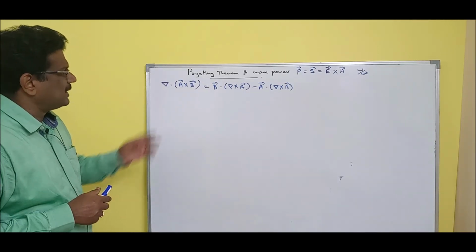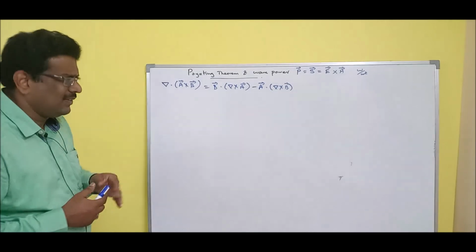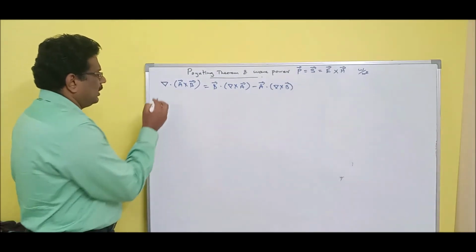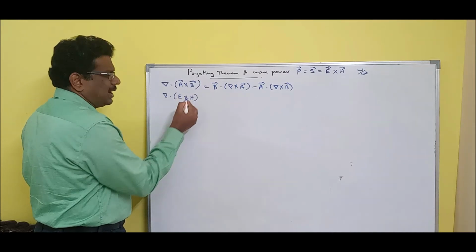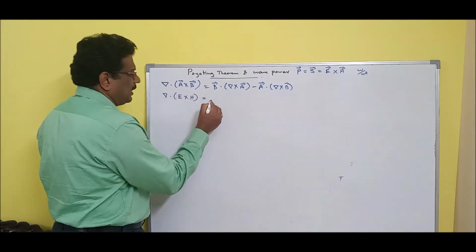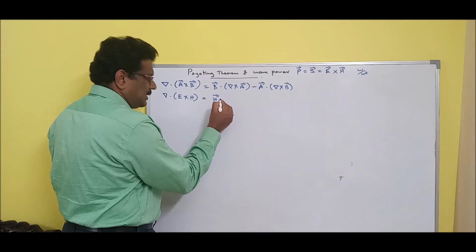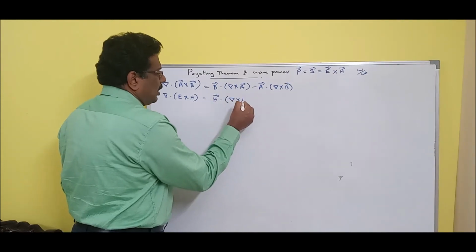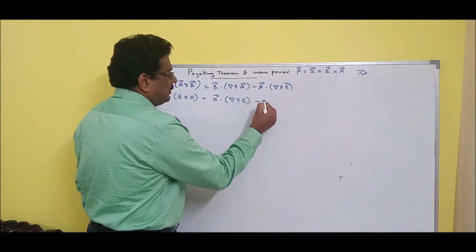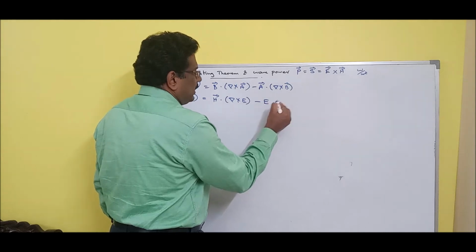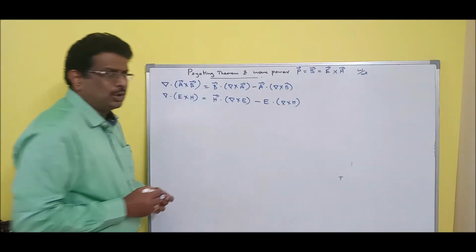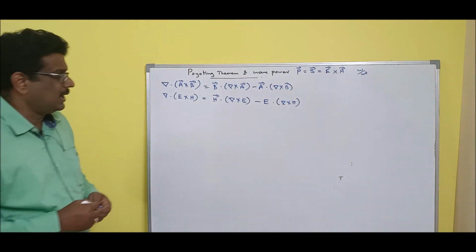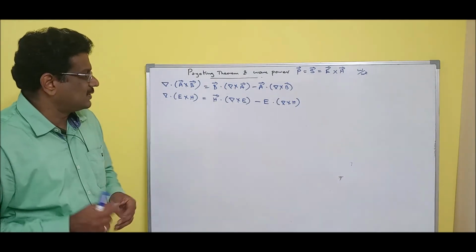Why can't I replace A and B as E and H? We can do, nothing wrong about that. Then del dot E cross H, all are vectors, I don't want to waste the time here, is equal to H dot del cross E minus E dot del cross H. We know this is the modified vector identity for your electric field as well as the magnetic field.